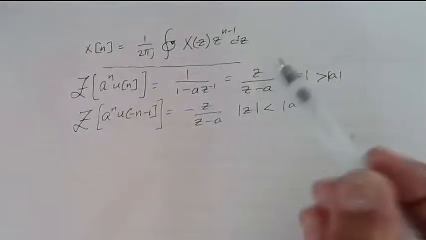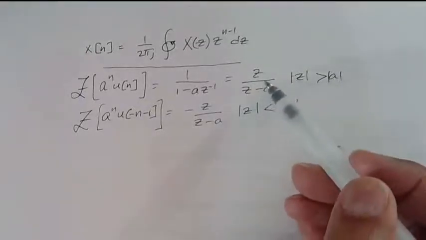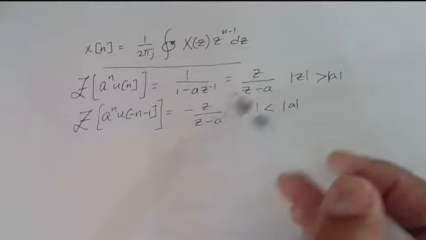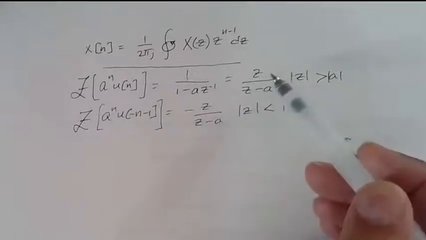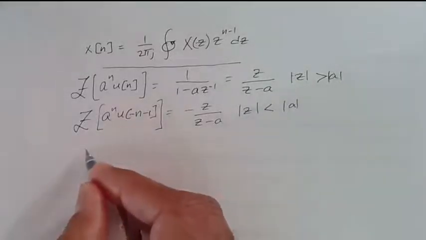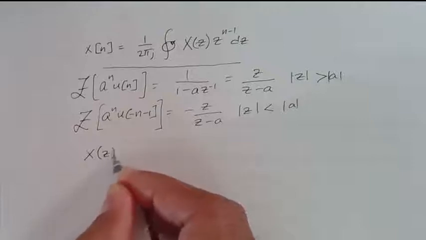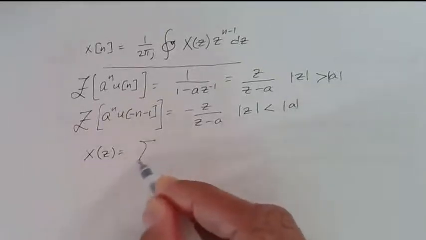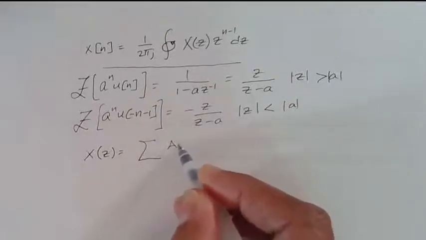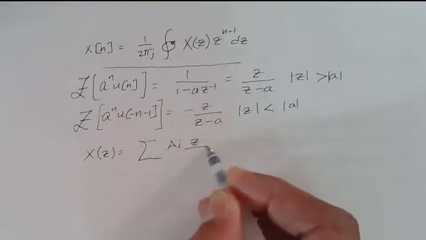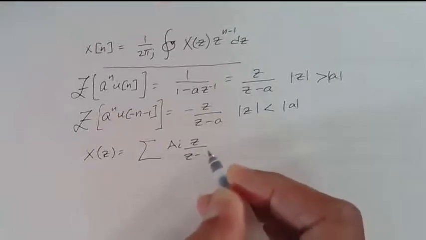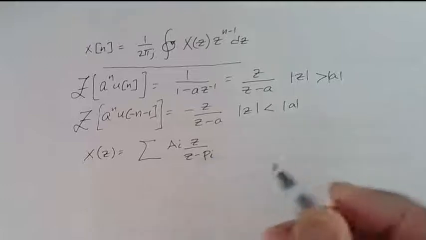So what we can do is take whatever x of z is and write it in these terms. We'd like to write x of z as some coefficients times z over z minus p sub i, the poles.